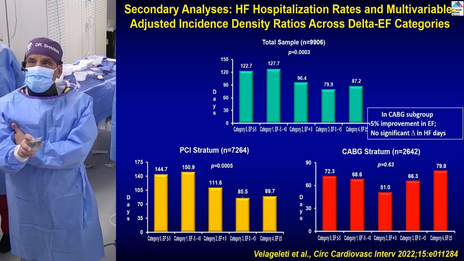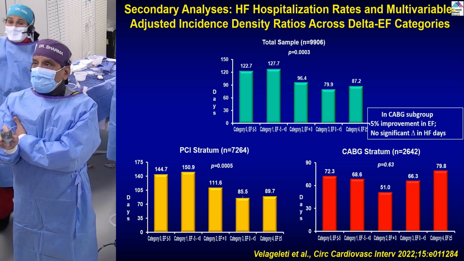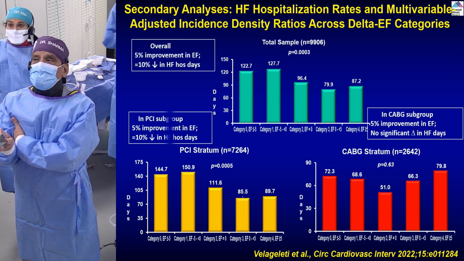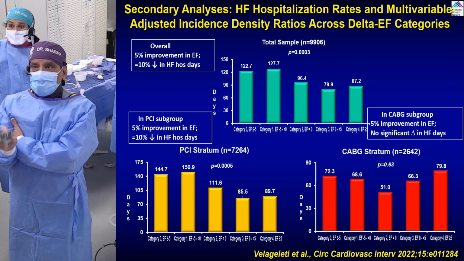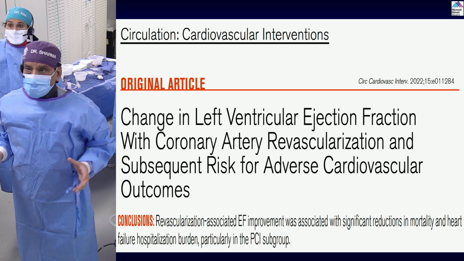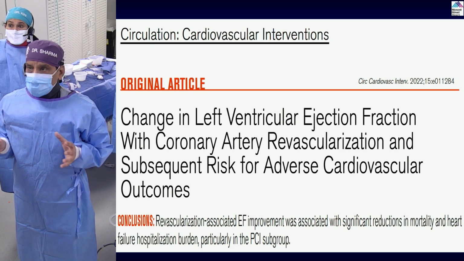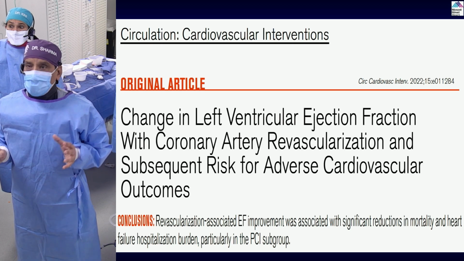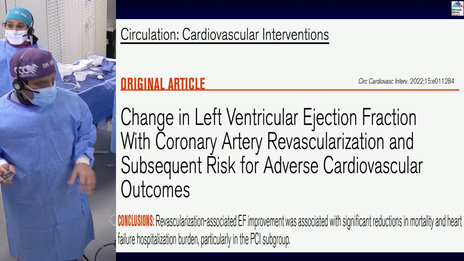So the conclusion basically was, in the CABG group, 5% improvement in EF, no significant change in heart failure days, compared to the PCI group, where there was a 10% decrease in heart failure hospitalization days. So this basically concluded the revascularization-associated EF improvement was associated with significant reduction in mortality and heart failure hospitalization burden, particularly in the PCI group.